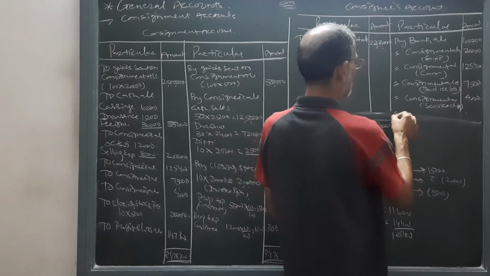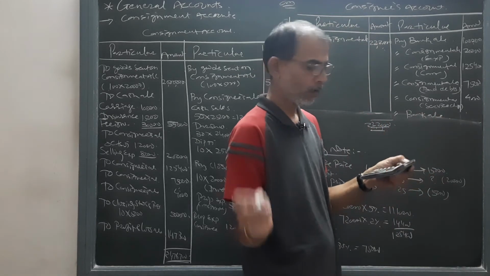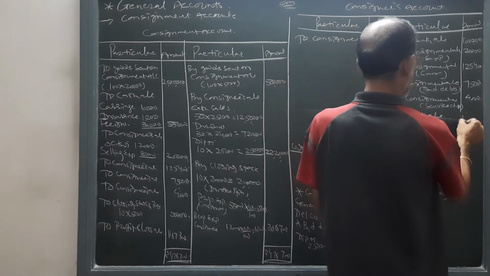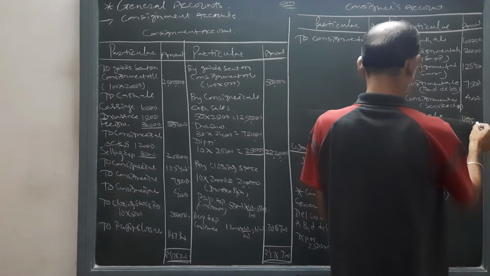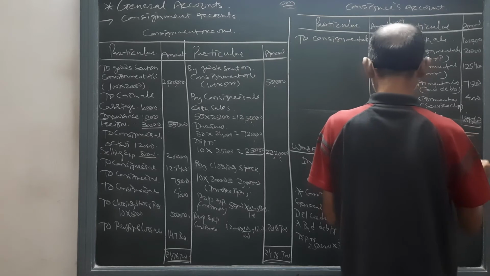So from the consignee 18,95,600 will be received.